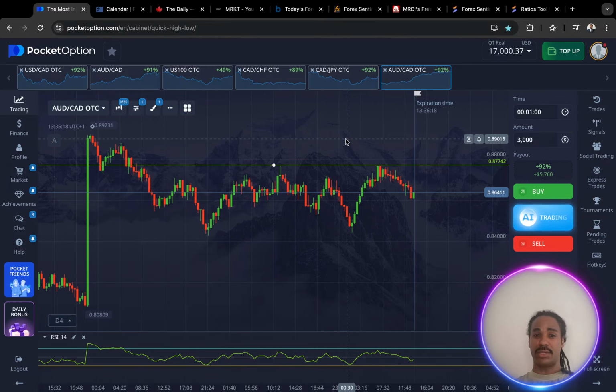Looking at the USD CAD, we can already map out two areas. We can map out the support and we can map out the resistance, right? So there you have it. We're looking at this zone, and if we zoom out to the 30-minute, looking at the top-bottom analysis, we can see a bigger resistance up there and a bigger support there.